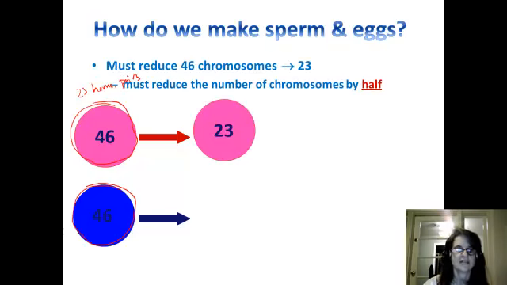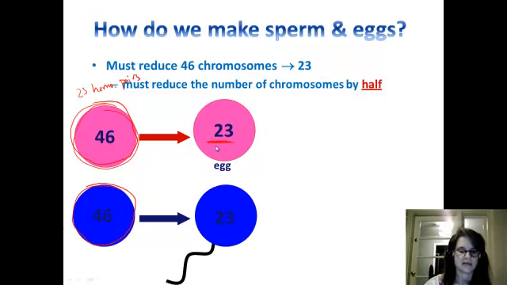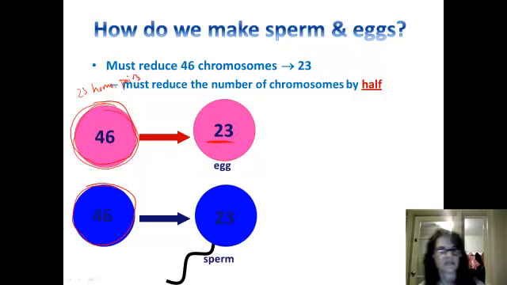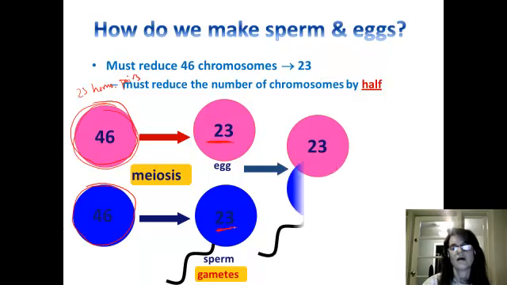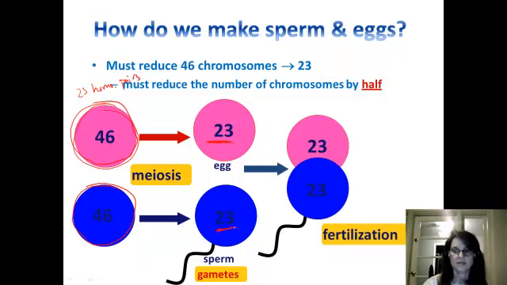So this body cell in the ovary would cut its chromosome number in half and create egg cells that had in each of them 23 chromosomes instead. In a male, in the testes, these cells would divide and create cells that had only 23 chromosomes, just like the egg. Then those gametes would fuse during fertilization and create a zygote, which would be a new individual with the correct number of chromosomes.